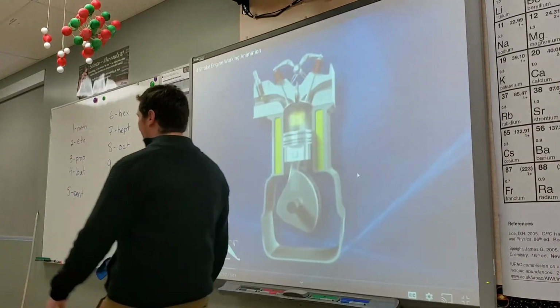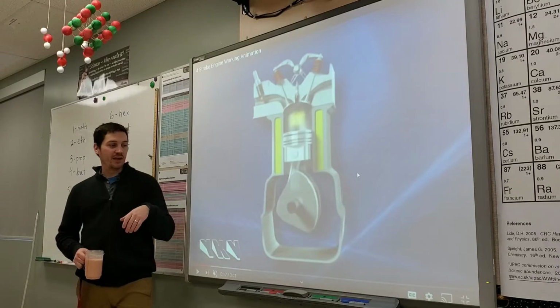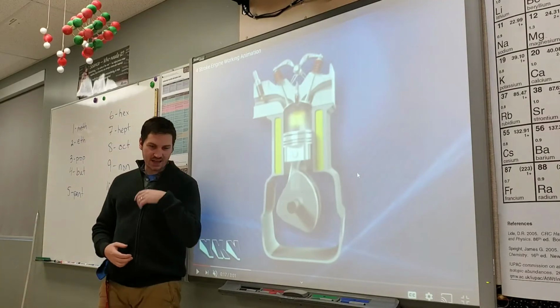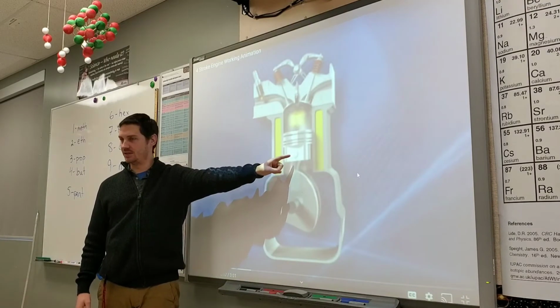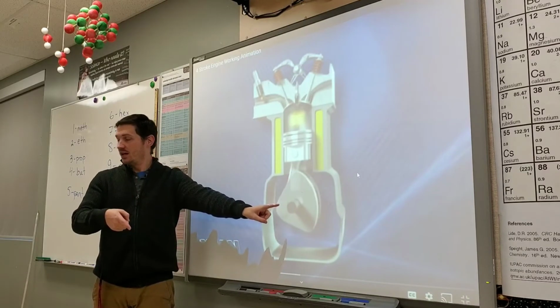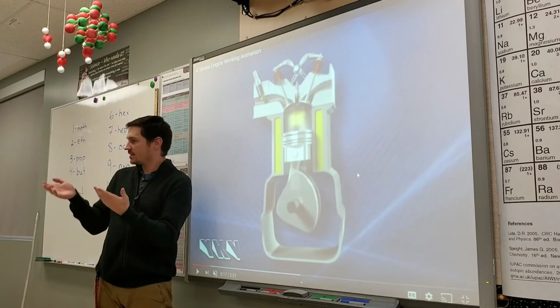So what's going to happen here is that inside your engine, there's going to be a crankshaft, and the crankshaft is attached to a piston. The crankshaft turns by having something force the piston down. That's the idea.